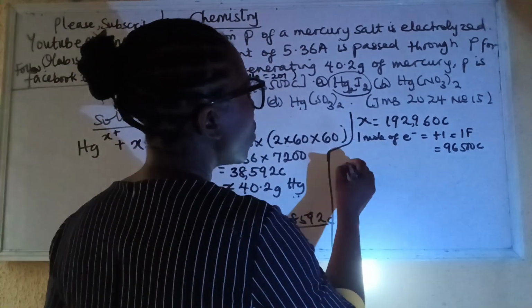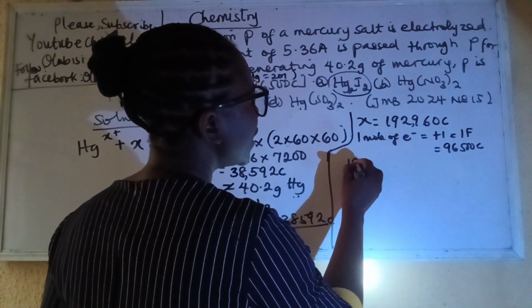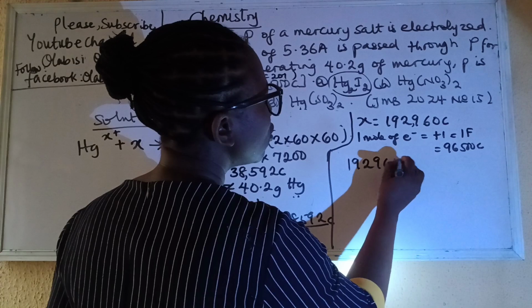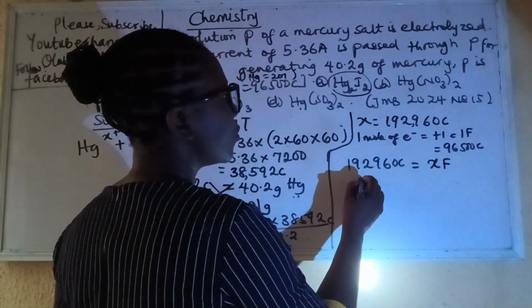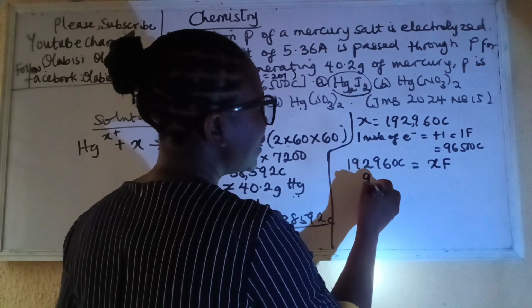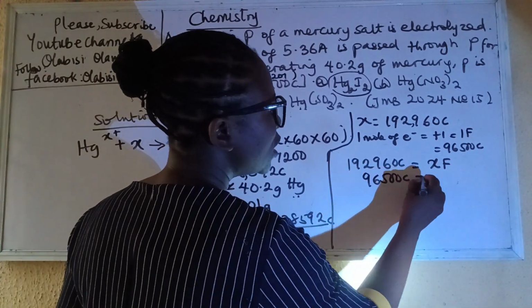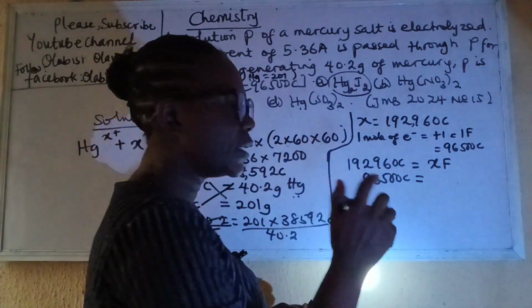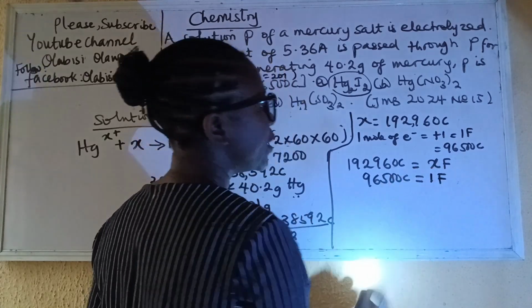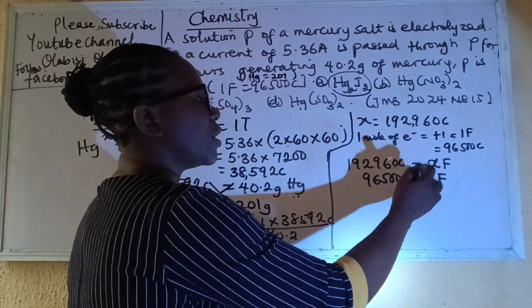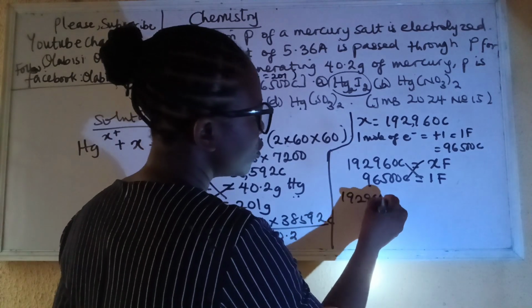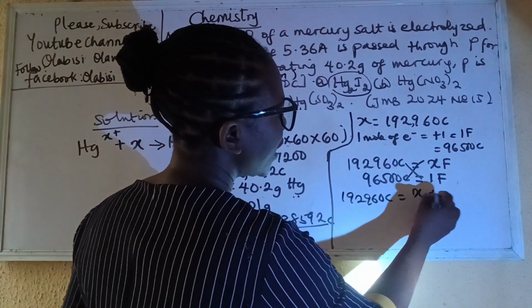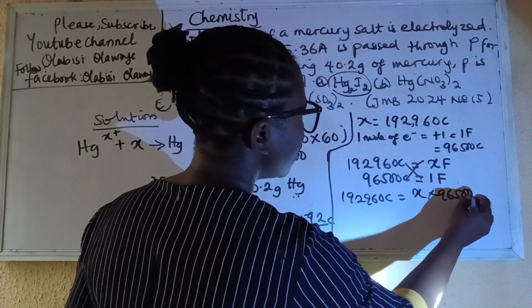So if 192,960 coulombs is liberating X Faraday, 96,500 coulombs, which is a constant for 1 Faraday, is equivalent to 1 Faraday. You can see Faraday is under Faraday. So from here, we have 192,960 coulombs equals X times 96,500 coulombs.